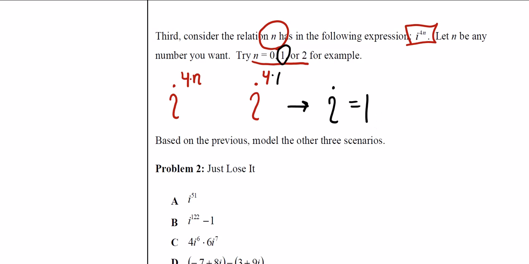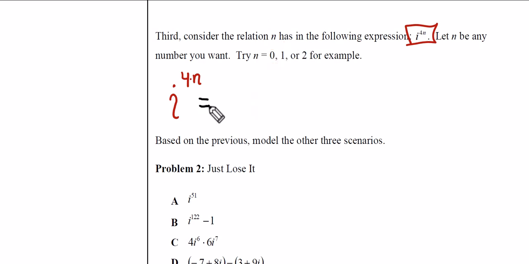If I plug in a 1 instead, 4 times 1 is 4, but we've already established that i to the 4 was 1. If I plug in a 2, 4 times 2 is 8, but we already showed in the previous video that i to the 8 was 1. So interestingly enough, what we're proposing is that i to the 4n power is equal to 1.